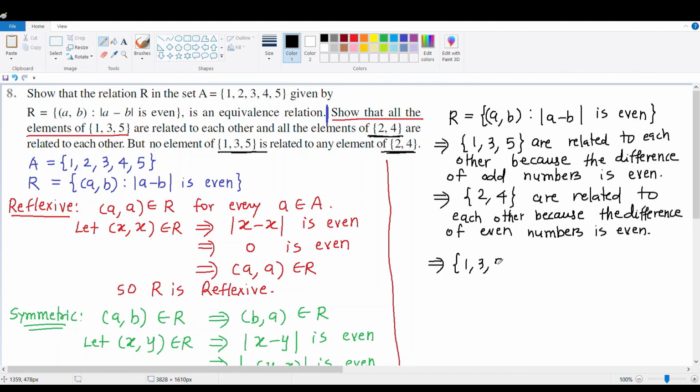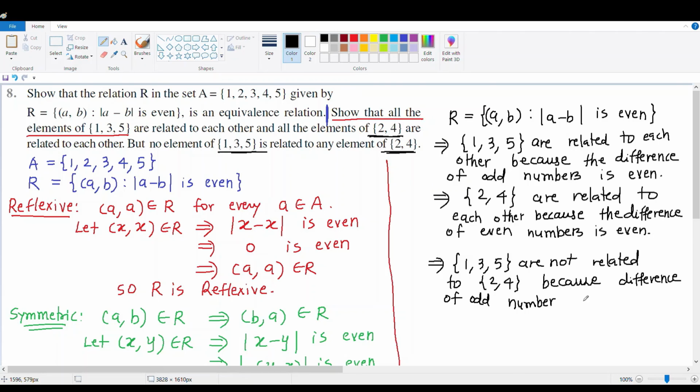So 1, 3, 5 are not related to 2 comma 4 because the difference of an odd number and an even number is odd.